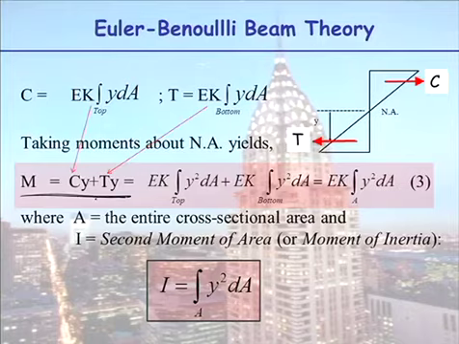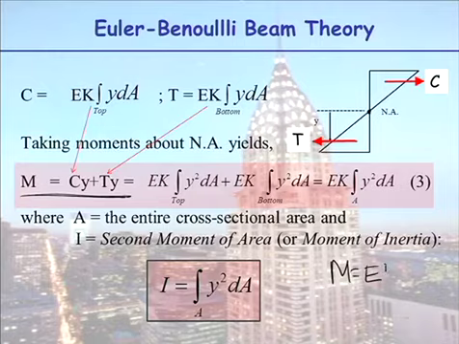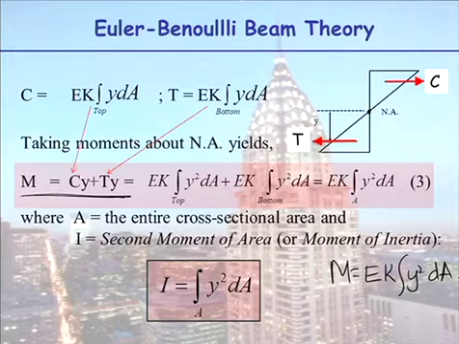We're taking moments about this neutral axis, but we are multiplying by our general distance y, because y represents anything from 0 down. So when we do that, we get this wonderful relationship, which still looks a bit ugly, but we're going to work with it, which is M is equal to E, Young's modulus, times curvature, times the integral of y squared dA.